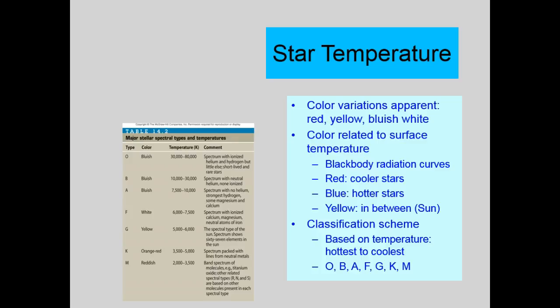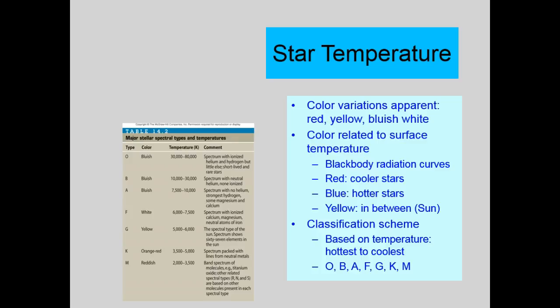Orange red, you're getting down in the K stars here, 3,500 to 5,000 K, spectrum packed with lines of neutral metals. Okay, so you have lots of those metals in the middle of the table, and they're neutral. There's no ionization.